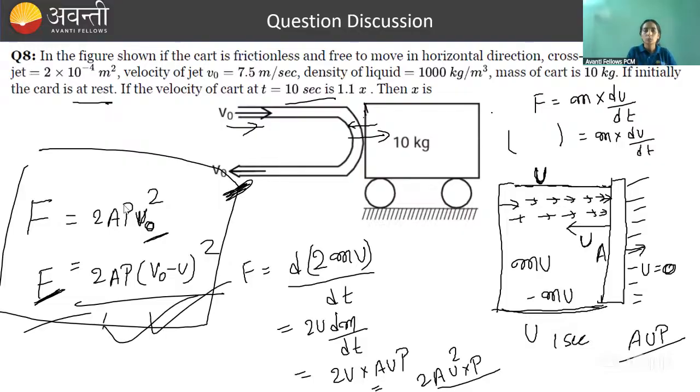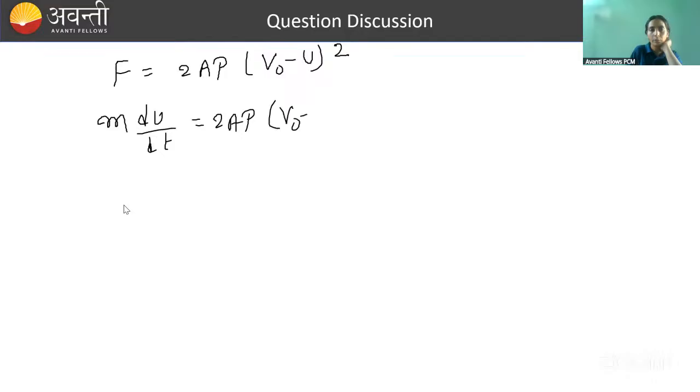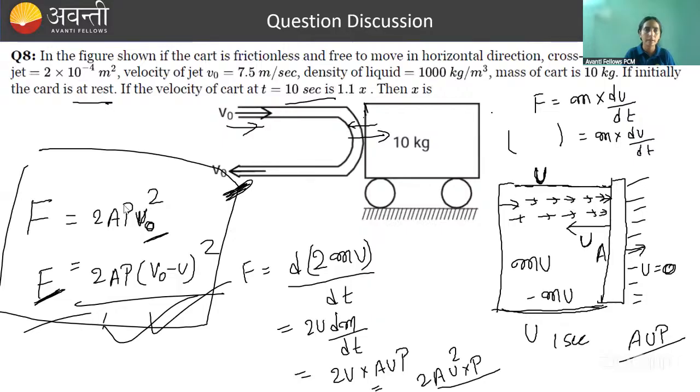Okay? So if you now want to solve this question, what will you simply write for force? How much did it come? 2a rho v naught minus u whole square, and this force acting on the cart will be equal to mass of cart. I am writing the mass of cart now, du by dt is equal to 2a rho v naught minus u whole square. Now you can do things, right? du by v naught minus u whole square, integrate, 2a rho by m, and this is your dt, right? Things are given here, mass is also given, density of liquid is given, mass of cart is 10 kg, and time is 10 seconds.